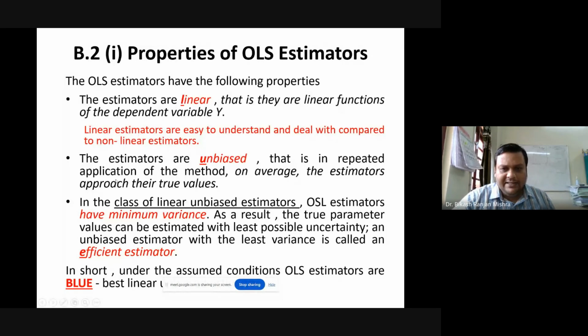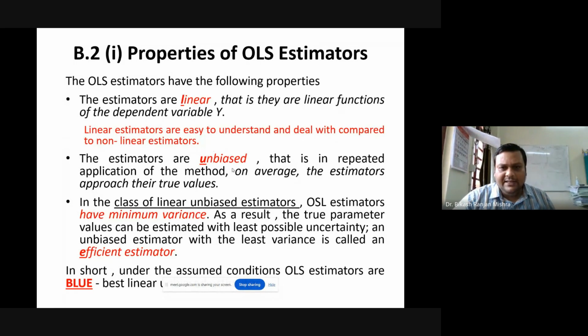The second part is that the estimators like B1, B2, B3, etc., will be unbiased in nature. Unbiased means that under repeated application of the method, on average, the estimator approaches the true value. That means if you have a sample of 30 or 40 or 50 observations, and you want to generalize to 1 lakh people, or a very large number, then whatever the characteristics of your sample estimate, they will be a true representative of the population.